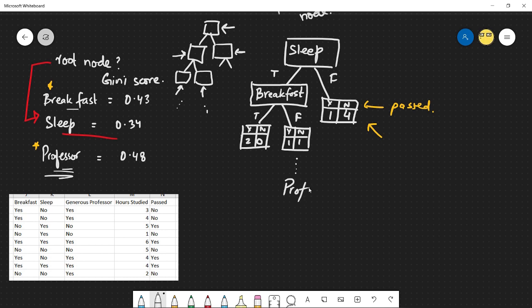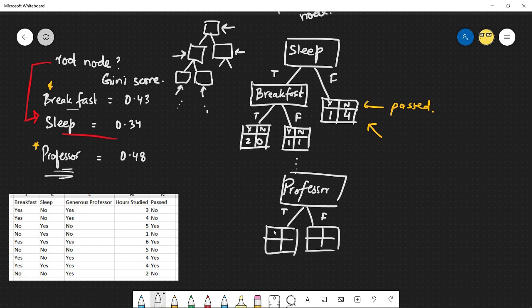So I'm going to write professor, and I'm going to try to split on the true and false values of it. So true and false. And we're going to see the counts for the past labels here.